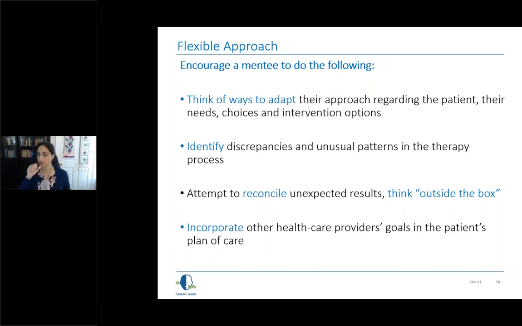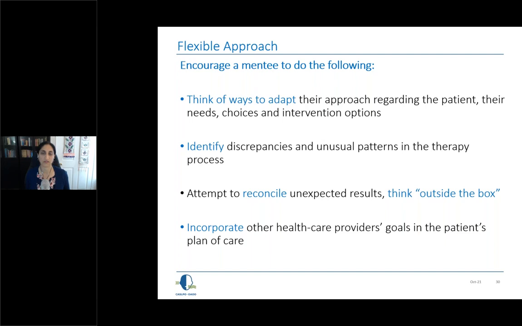If they discover that the patient has certain needs, what are the choices available? What are the intervention options available? Identify discrepancies and unusual patterns in the therapy process and attempt to reconcile unexpected results. So encourage some thinking outside of the box.